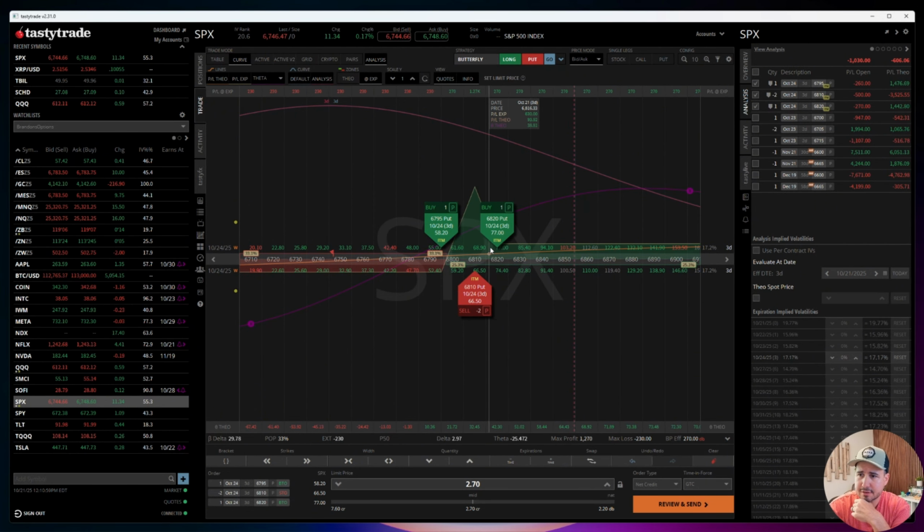If you look down here, you can see if it goes past that, say we rally to 68.30, my max profit is almost $300. My max loss is $200. But if we sit around here, 68.10, that's another 60 or so points to get there.